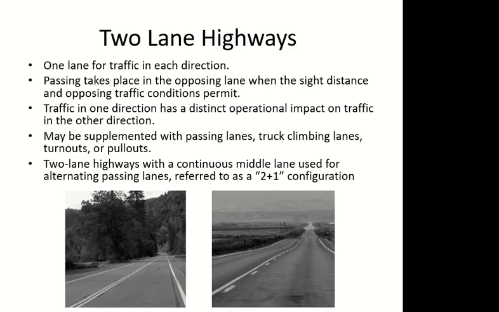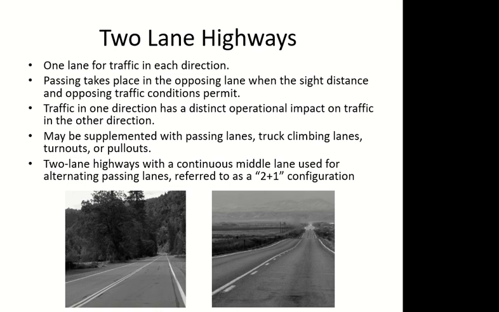Then you have turnouts and pullouts, which are basically for when you want to get off the highway. So extra spaces for getting off the highway. You have a right turn, you have a facility, a garage, a fuel station, something. So you have a turnout lane for people who are turning.